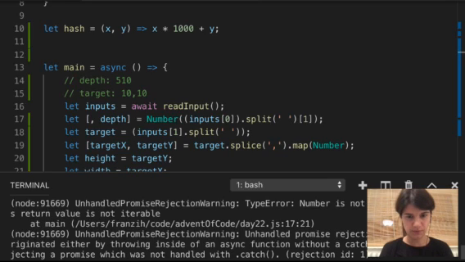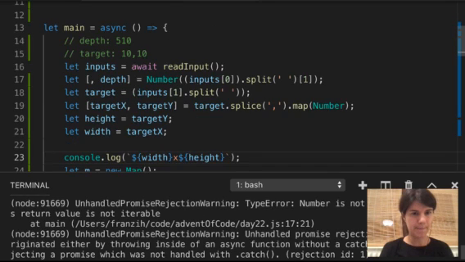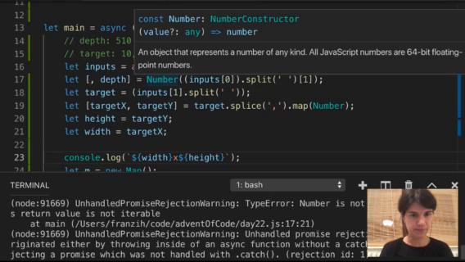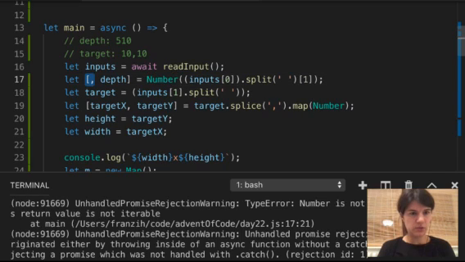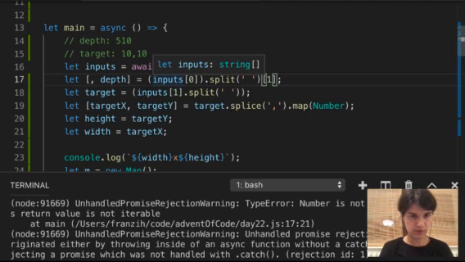Number is not a function, or its return value is not iterable in line 17. Of course it is not. Let me fix that. So we take the first row and we split it, and then we take the second one. Let's change it, because we're not taking the second one.